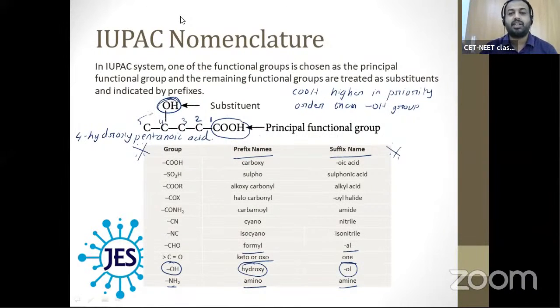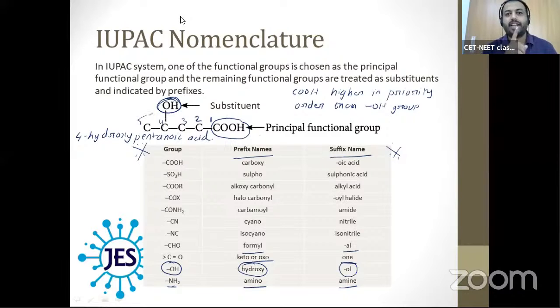Then the question is how to decide which functional group is of main priority or top priority. For that, IUPAC has given out a priority sequence for functional groups. In that priority order, the functional group that comes first must be considered the main functional group. All the functional groups lower in that order must be considered substituents.